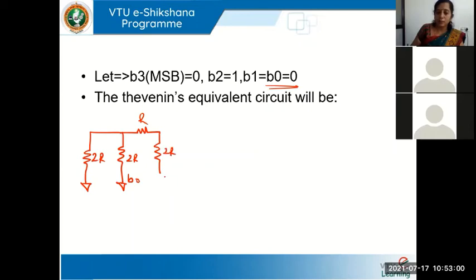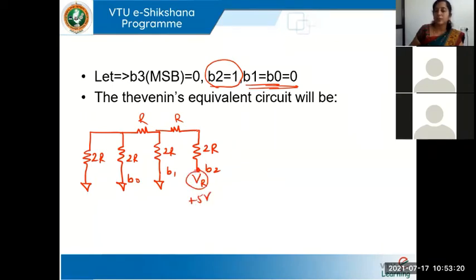This corresponds to B1. B1 is also grounded. Then you have R. Then you have a 2R. This point is B2. What should B2 be? B2 should be logic 1. So this point should be connected to the plus 5 volts reference voltage VR. Then you have another R.